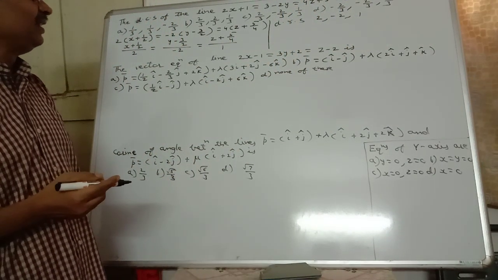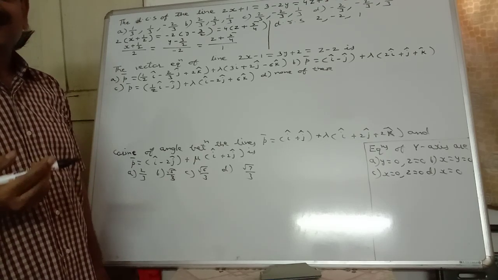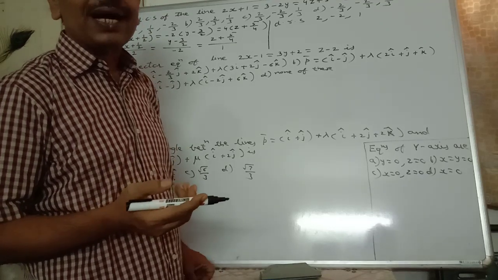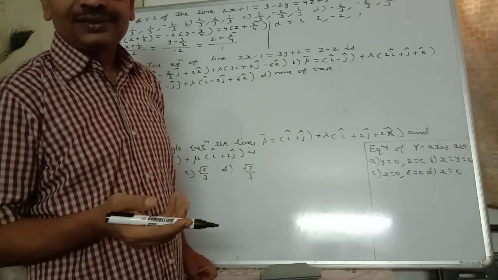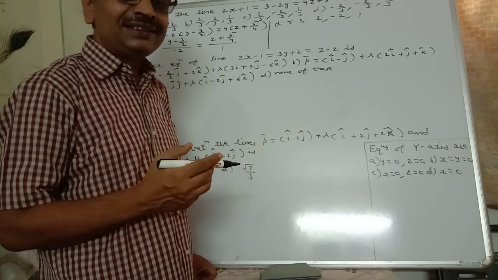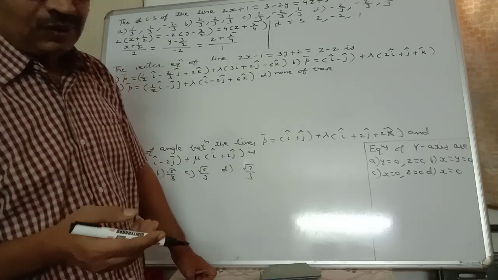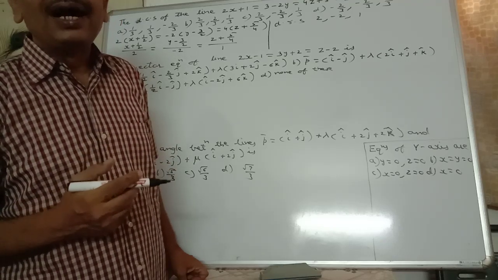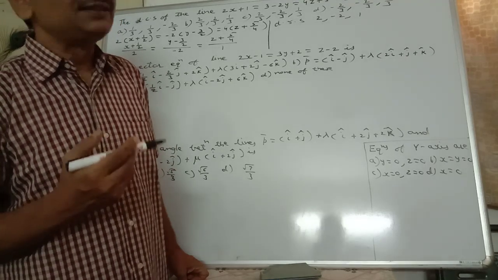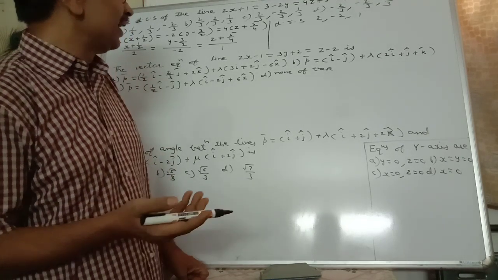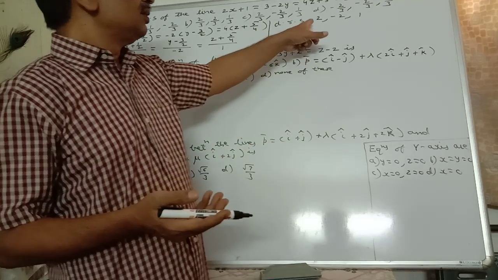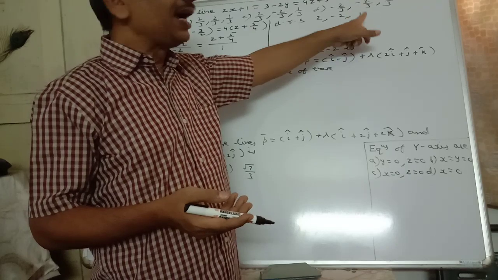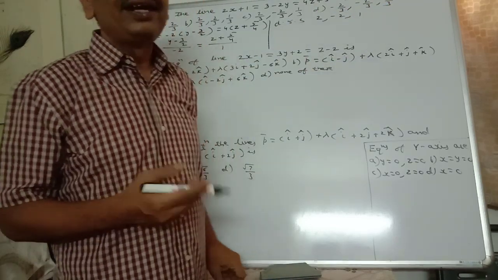From direction ratios we can find direction cosines. If direction ratios are a, b, c and direction cosines are l, m, n, then l is equal to a upon under root a square plus b square plus c square. The sum of squares of direction ratios is under the radical sign.